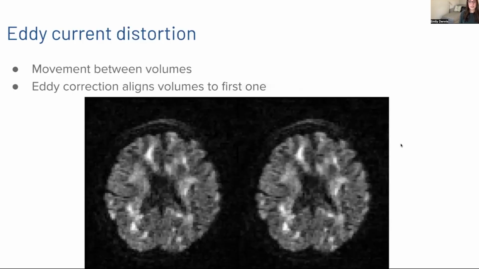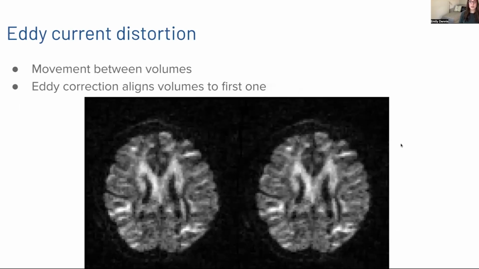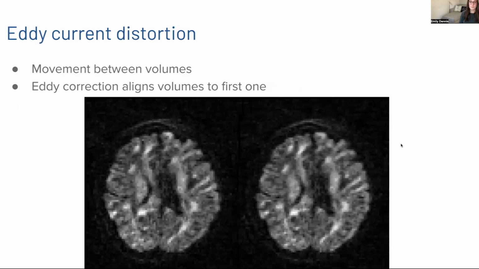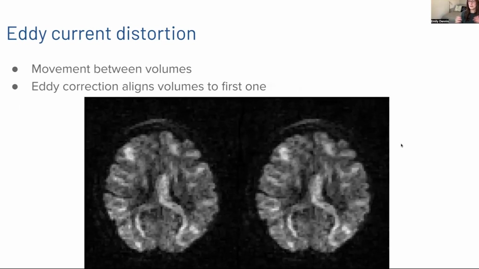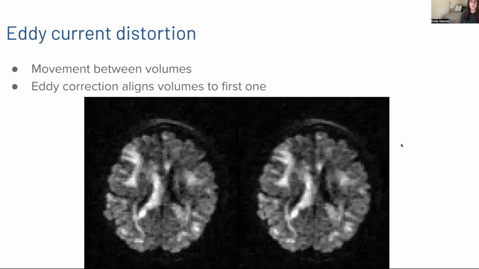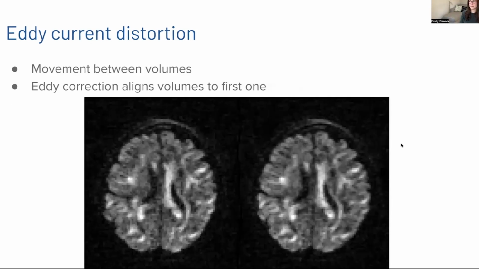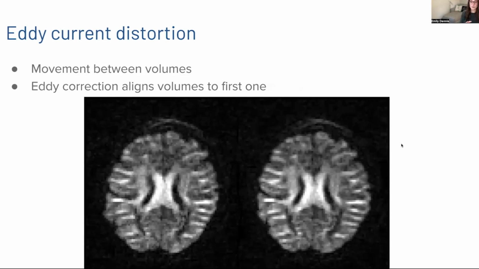Another one that we need to account for is called eddy current distortion. What this is essentially, it shows up as movement between the volumes because we collect all of these volumes at different times over a 5 or 10-minute scan, and there's going to be some movement in between these. So what eddy correction does is it aligns all of the volumes to the first volume.